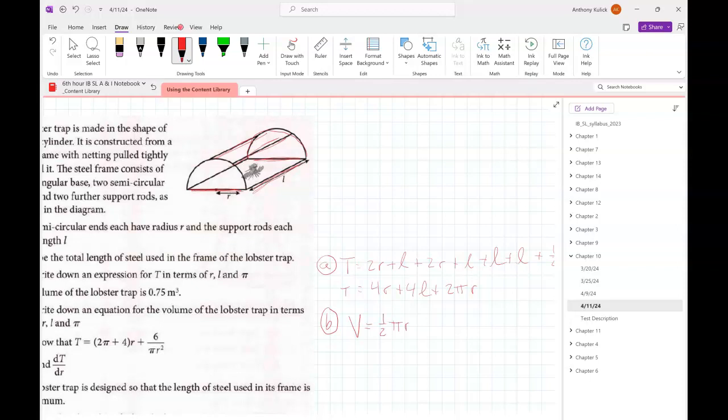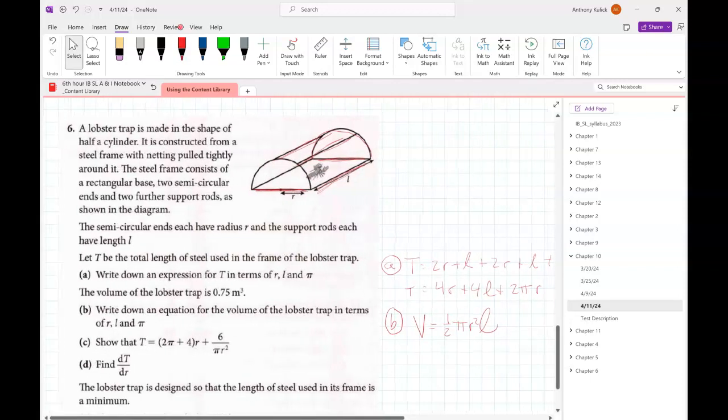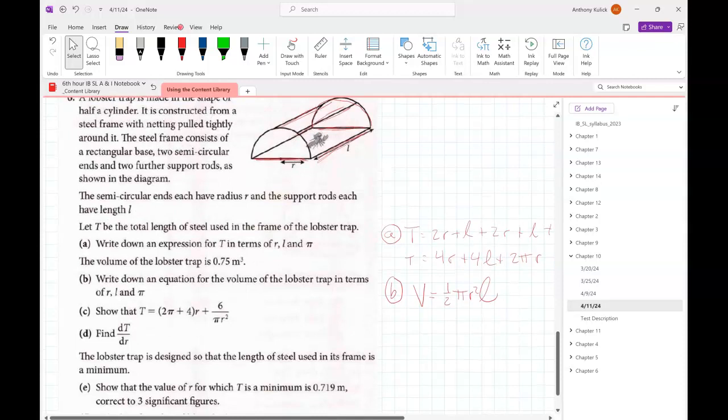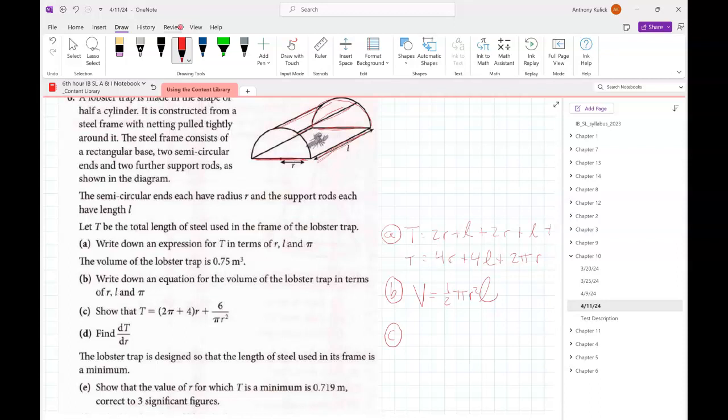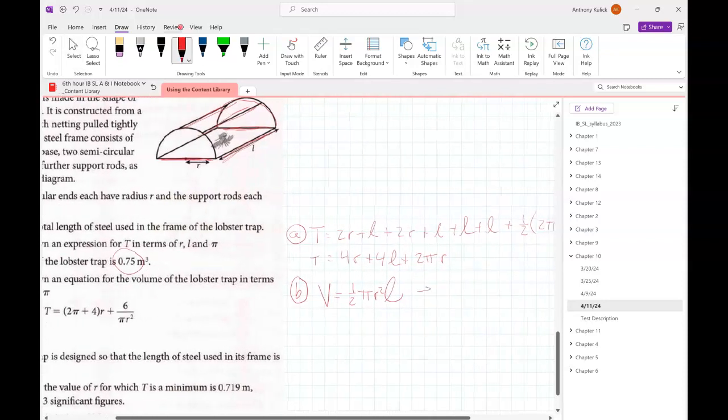So half pi r squared, and then L is the height, right? And then I guess it tells us that the volume is 0.75.